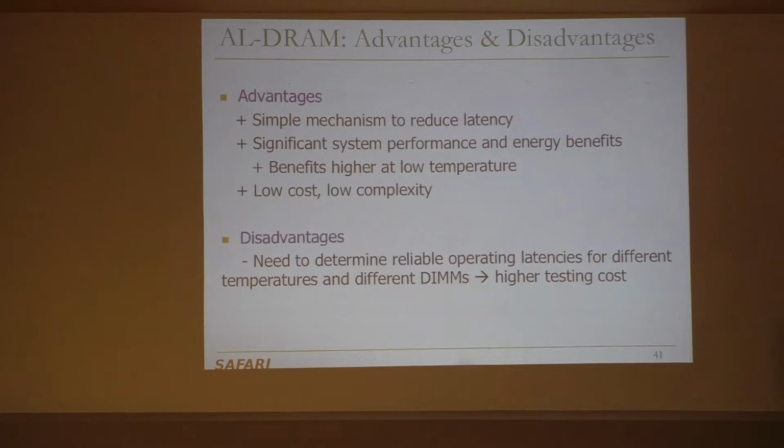We have a paper coming up at MICRO on this. You have a neural network application that you know is tolerant to different error rates, and different parts of the network layers have different levels of tolerance. If you reduce the latency and reduce the voltage, you get some error rates in your DRAM device. Now the key question is, how do you optimize the performance and energy of neural network inference by mapping the different layers to different parts of the DRAM device so that you can get high accuracy at the same time?